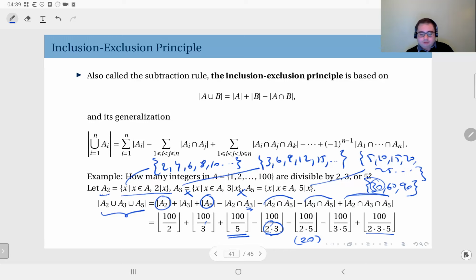It is in this set, so it's subtracted once. It's not in this set, doesn't appear in A3, and it's also not in this set. So you have added it once, added it twice, subtracted once, so it has been counted just once.